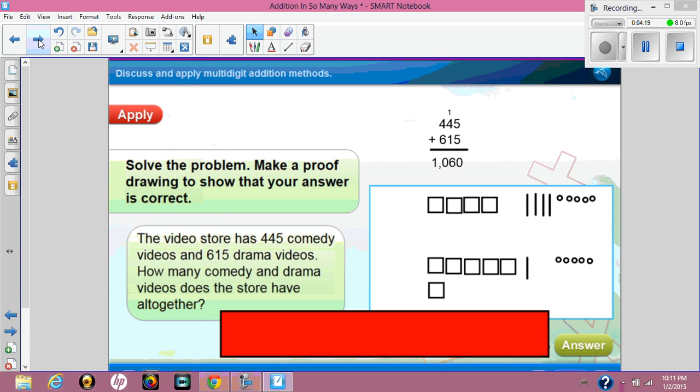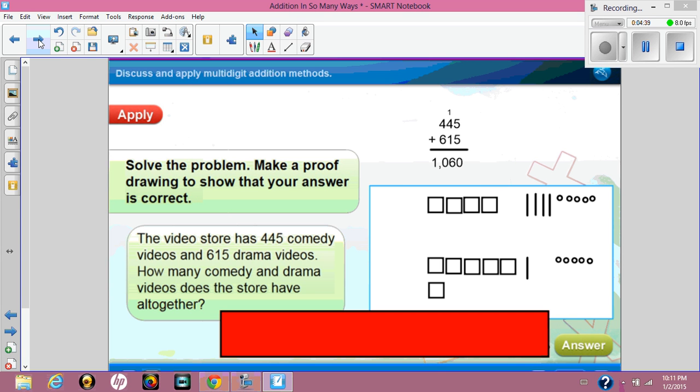Now let's apply these methods to our story problems or word problems that we'll be seeing this week. It says, solve the problem, make a proof drawing to show that your answer is correct.